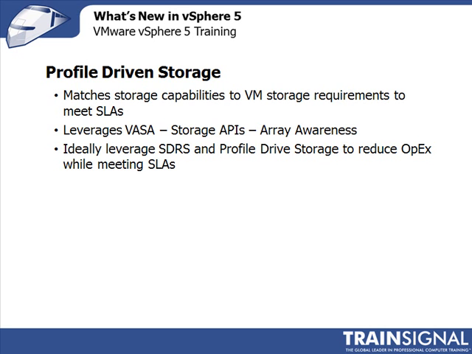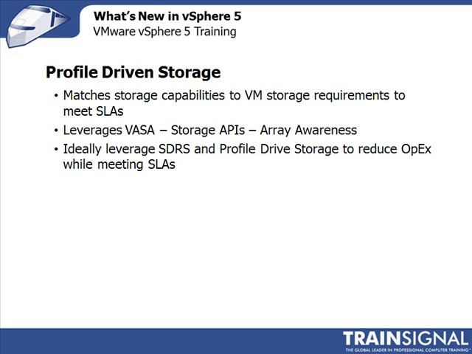VASA, if the storage array can handle it or has written code for it, will expose the capabilities of the storage to vCenter. So vCenter is going to know immediately, okay, I have SSD capabilities, I have SAS capabilities. These are the underlying capabilities of my storage. And then based on the SLAs that you put around certain virtual machines, it will match those requirements to the most suited data store that it has available to it.